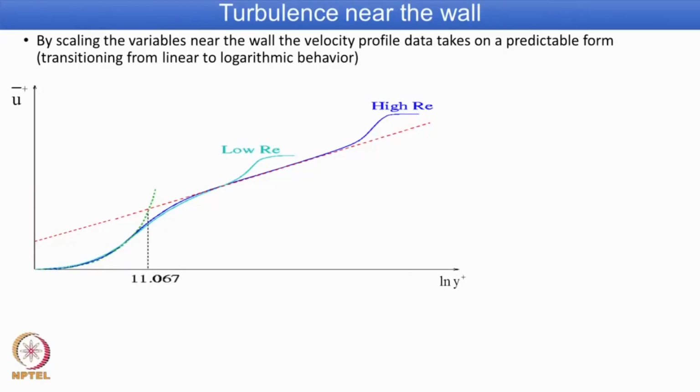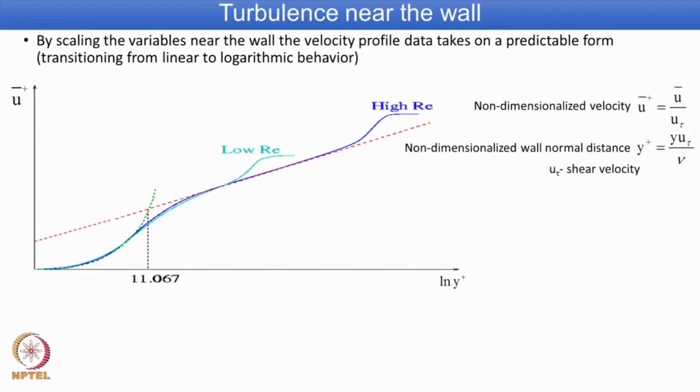Before going to the details, we should first know what is known as a scaling. Scaling the variables near the wall, we have length scale and then velocity scale. In the velocity scale, we have shear velocity u tau defined. U tau is for friction or shear velocity, and that is used to scale velocity, and distance from the wall is given as y, and nu is molecular viscosity.